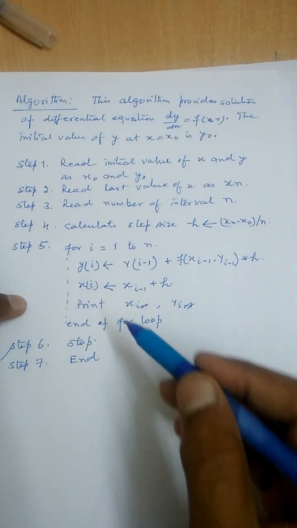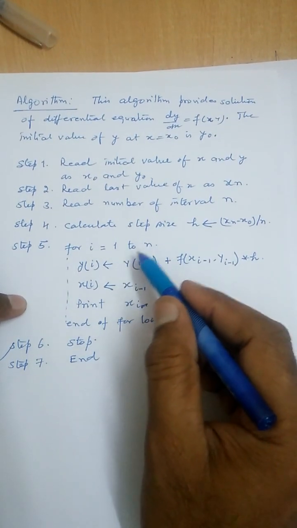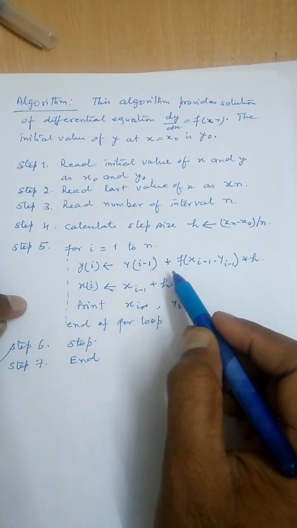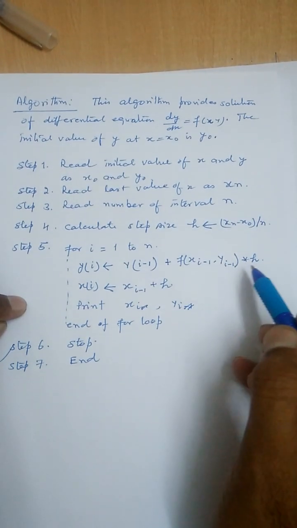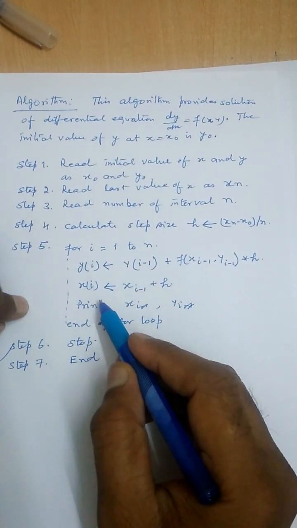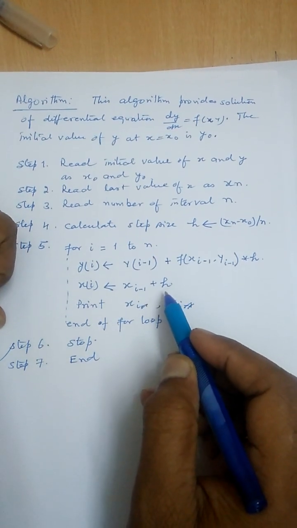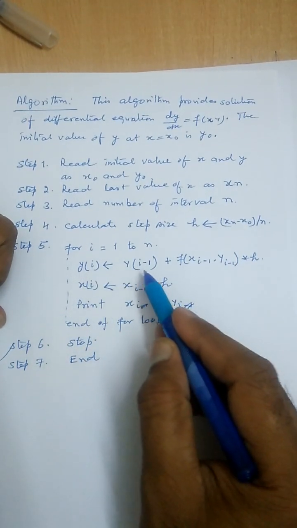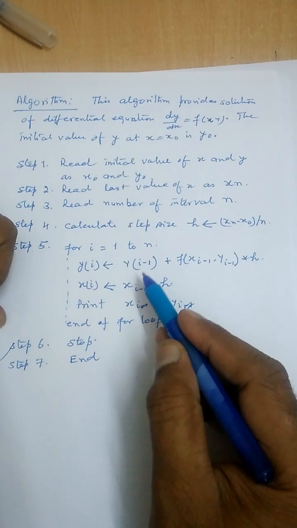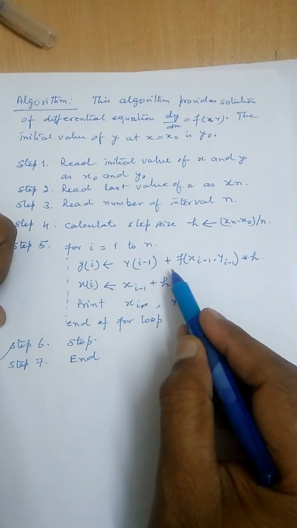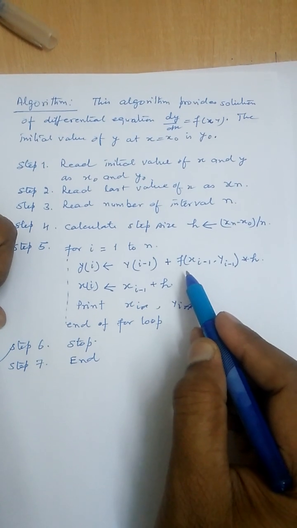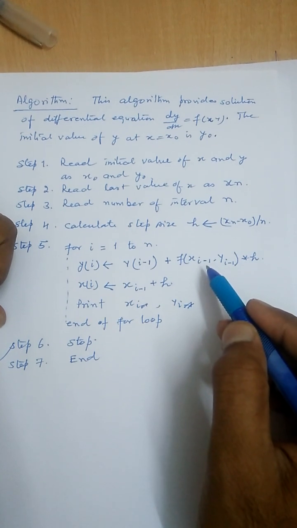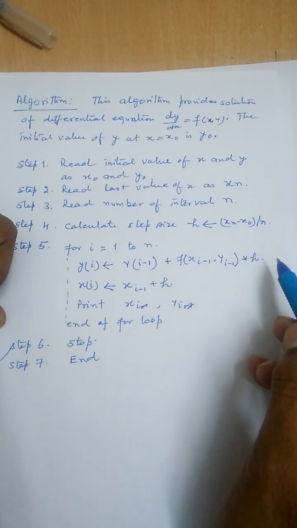So the first time the value of i will be equal to 1, therefore in this statement it will be y1 equal to y0 plus f(x0, y0) into h, and next time x will be equal to x0 plus h, meaning x1. The second time when i will be equal to 2, it will be y2, and the value of y which we take as initial value is equal to y(i minus 1) plus f(x1, y1) into h, and so on.